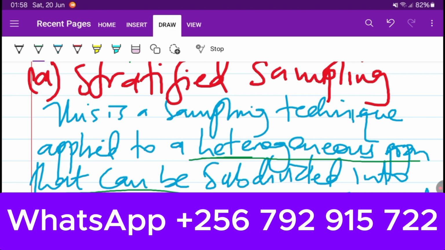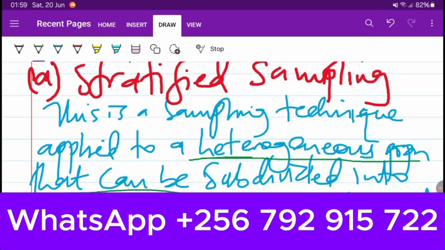So what they do under stratified sampling, they group people from the heterogeneous population, and then they create people of the same character, people of the same attributes. They group them together into what we call a sample, and that sample is called a strata. So they keep grouping these people.